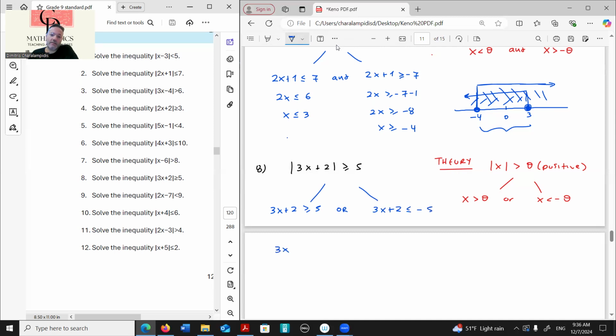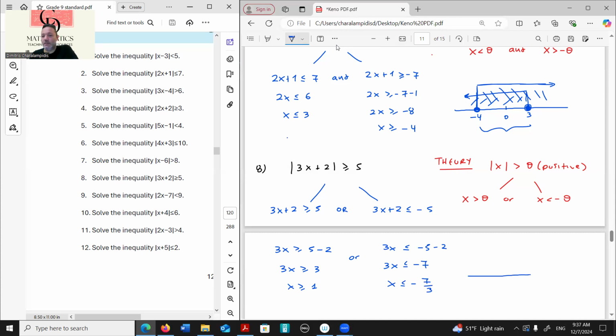So 3x is greater than or equal to 5 minus 2, 3x bigger or equal than 3, x bigger or equal than 1, or 3x smaller or equal from minus 5 minus 2, 3x smaller or equal from negative 7, x smaller or equal from minus 7/3.